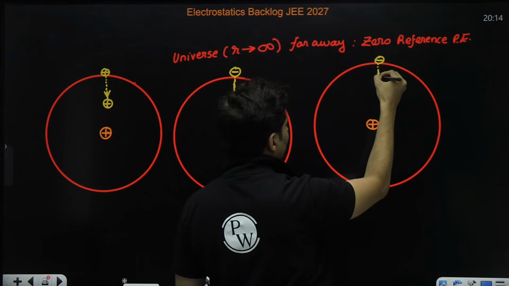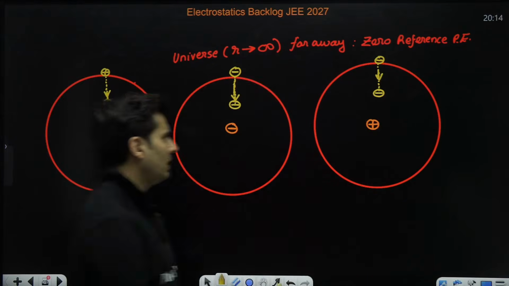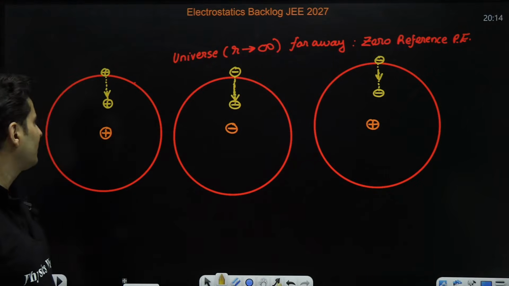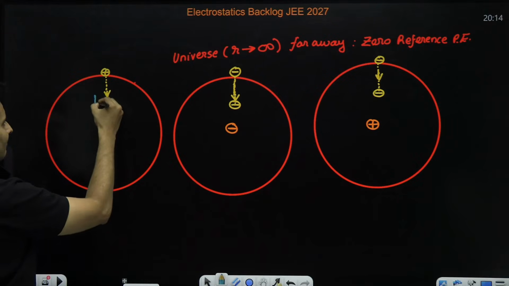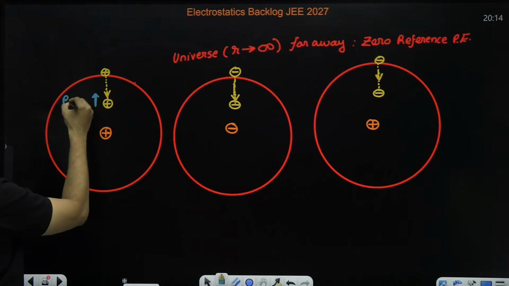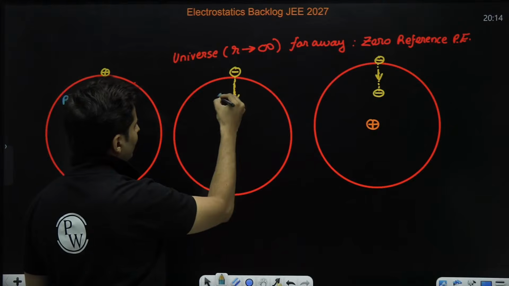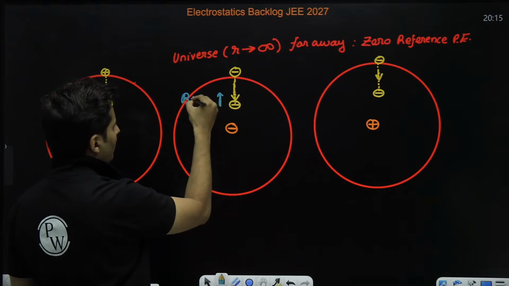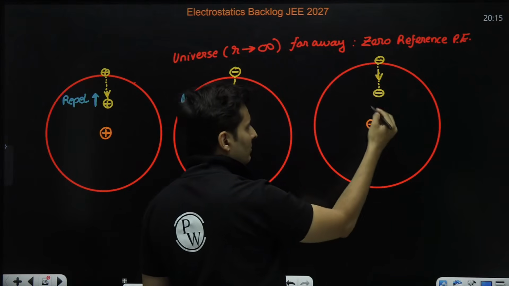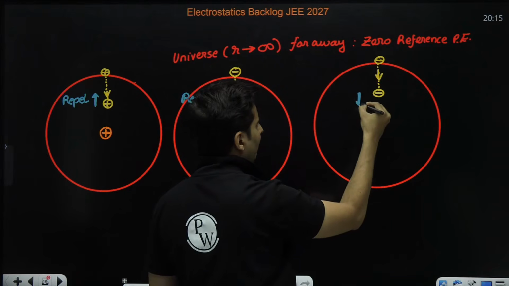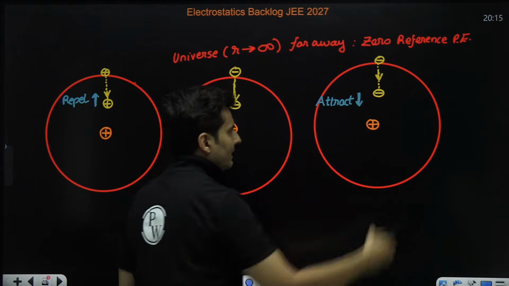Let's think what will happen in every single case. In this scenario, positive and positive will definitely repel. Negative and negative will again repel. Positive and negative, or even if this was negative and this was positive, obviously they will attract each other.